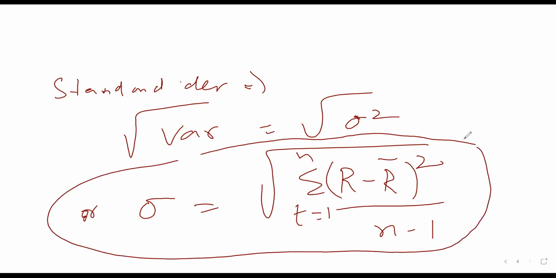Or you can simply calculate the variance and take its square root. It comes to the same. Your standard deviation, given as sigma, is simply the square root of the variance, because your variance is sigma square.